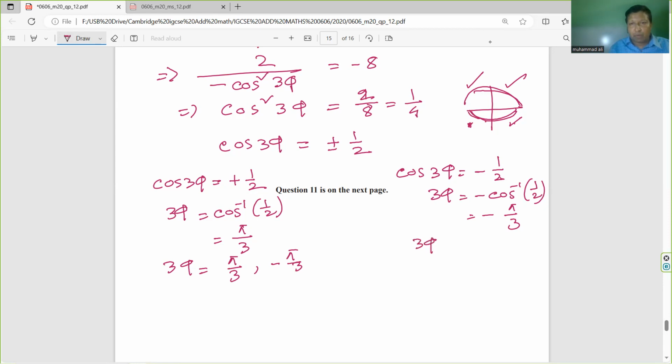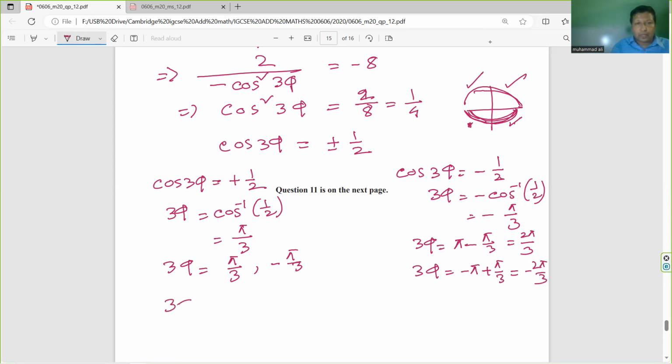So 3 phi equals pi minus pi by 3, we get 2 pi by 3. And again 3 phi equals minus pi plus pi by 3, it will be minus 2 pi by 3.